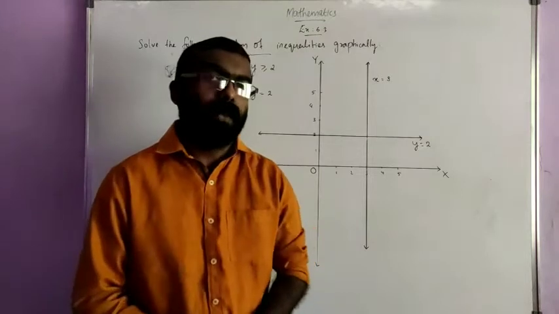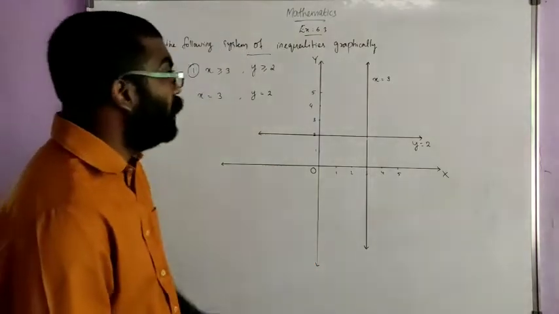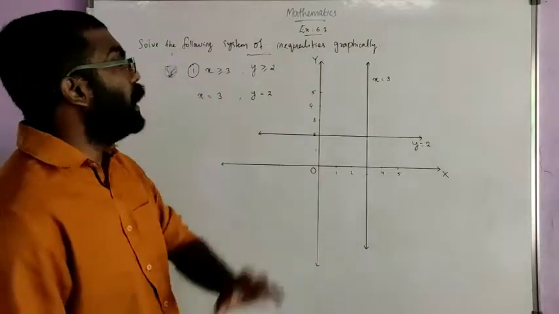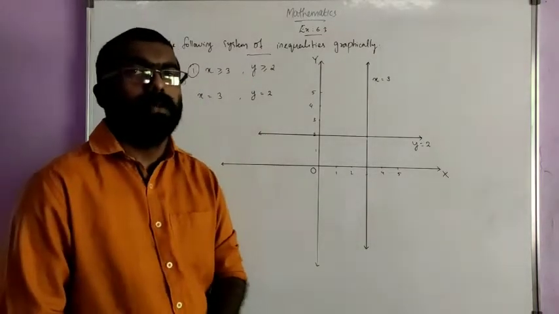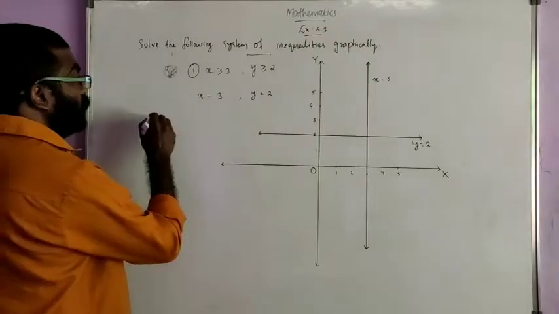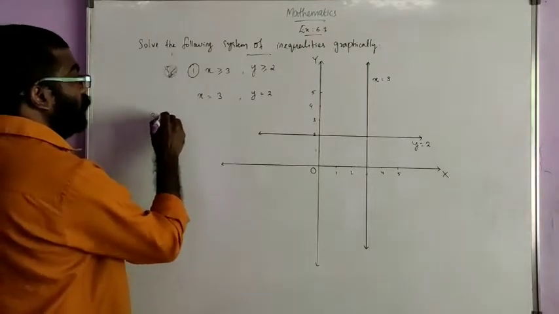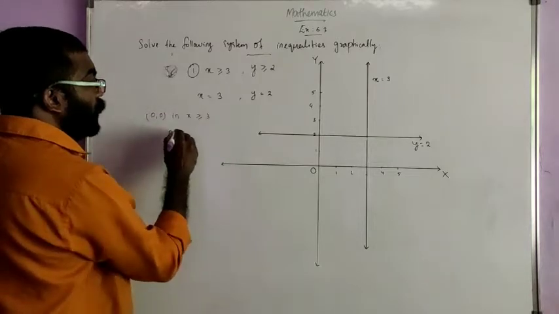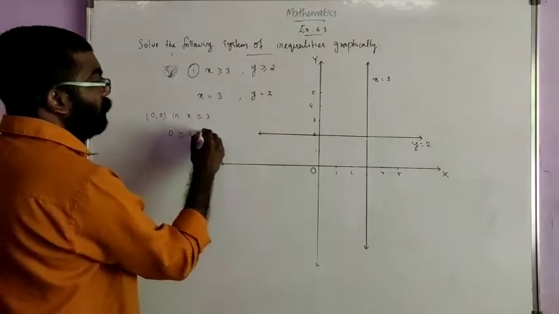Now we have to identify the half plane represented by these two inequalities, x greater than or equal to 3 and y greater than or equal to 2. So here we can put 0, 0 in x greater than or equal to 3. So we get 0 greater than or equal to 3. It is a false statement.